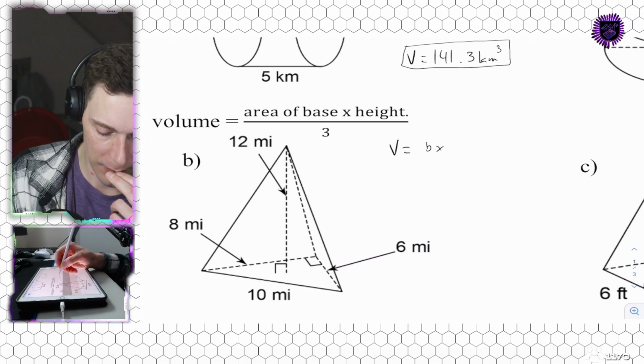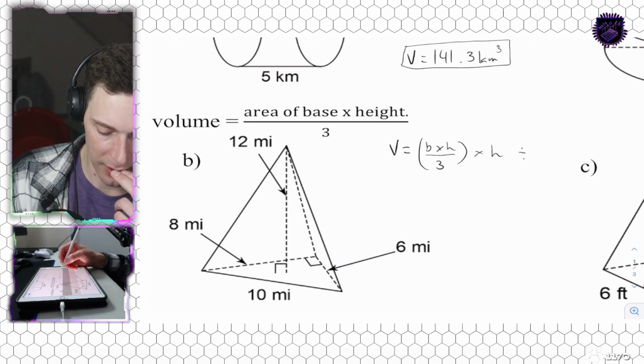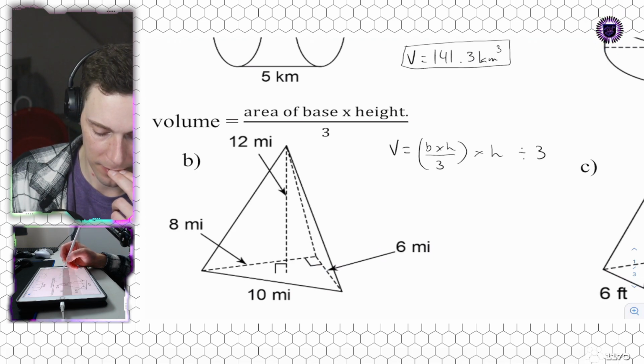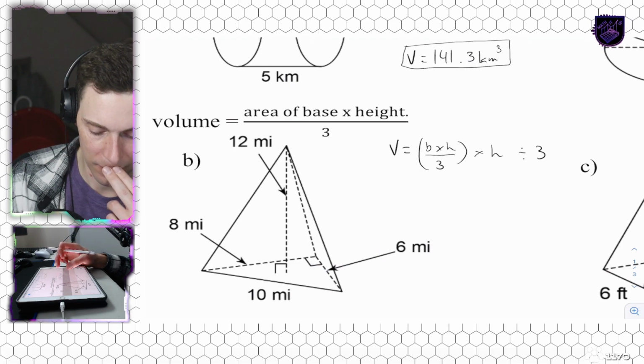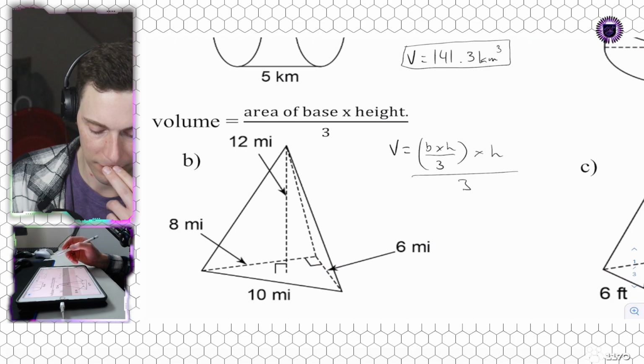Base times height divided by 3 times height, and then everything divided by 3. Or I could write that like this, everything divided by 3.